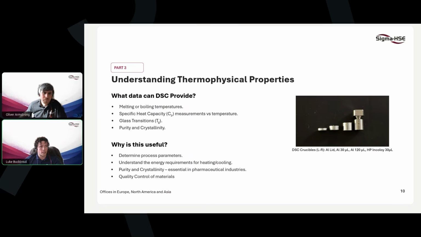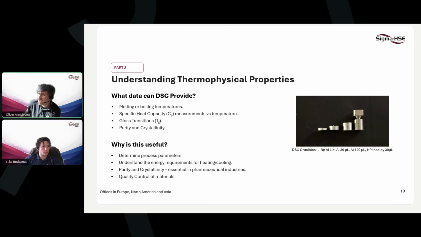These transitions are much more discrete compared to something which is quite violently exothermic, for example. So we need a material which is lighter and more thermally responsive. So instead of the Incoloy we use in the high pressure tests, we use aluminium. You can see we have the lid on the far left, and then we have 30 and 120 microliter volume crucibles.